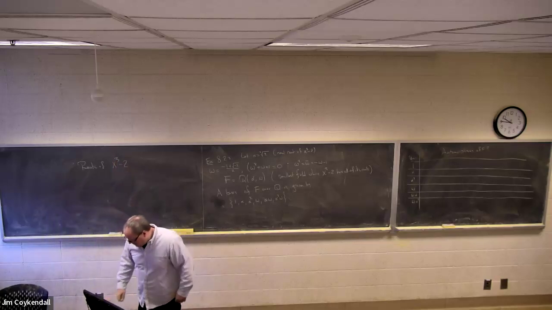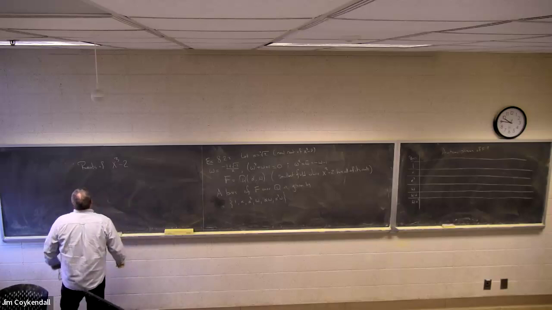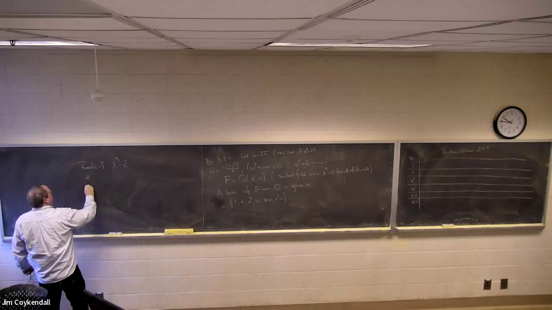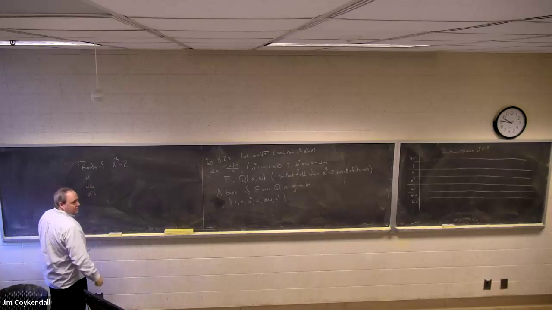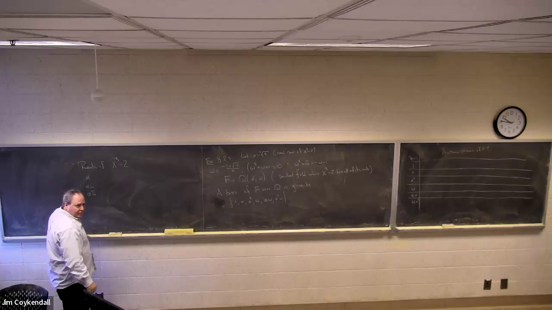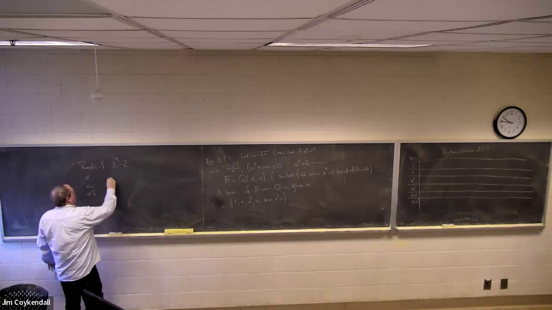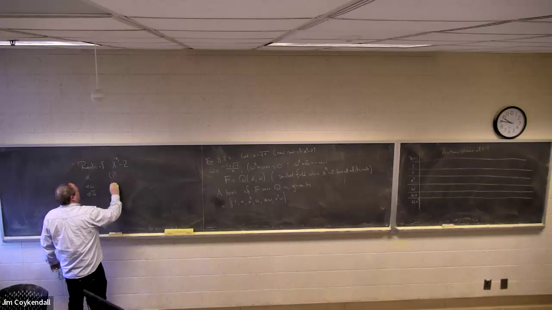The roots of x cubed minus 2 look like alpha, alpha omega, alpha omega bar. I agree with that. Those are the 3 roots. And I'm going to call this 1.